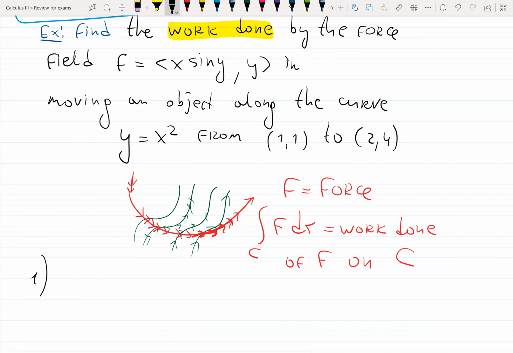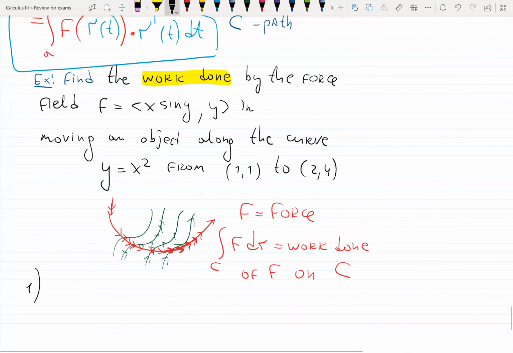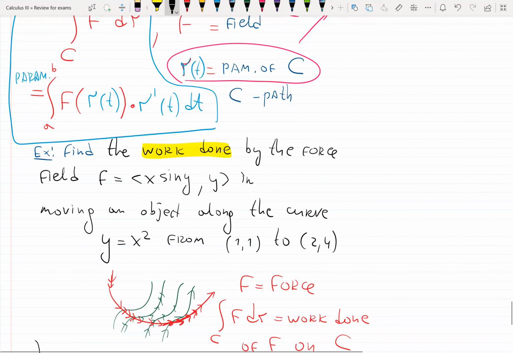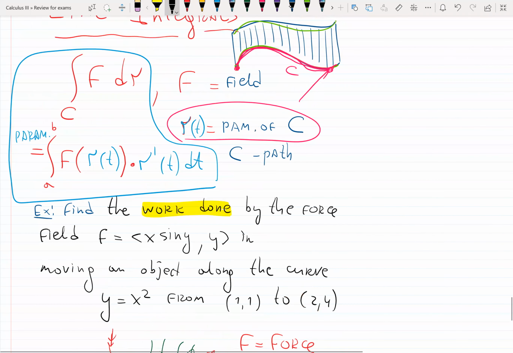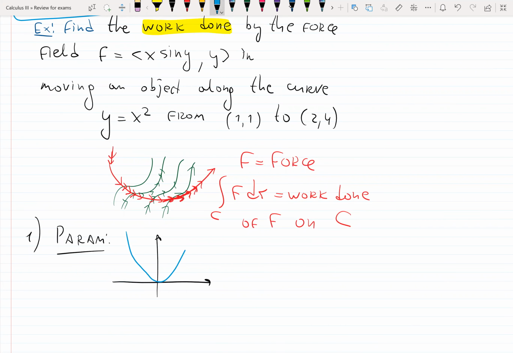Step 1. If you have your r, you're lucky. You can finish faster. If you don't have your r, you have to create r. So parameterization means you need to build your r. You sketch the graph really fast, and by really fast, you just hope that the graph is easy. In this case, it's y equals x squared. Then they say that x is moving from 1 to 2.